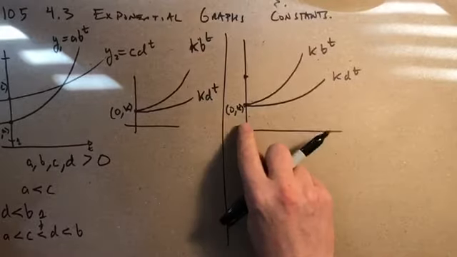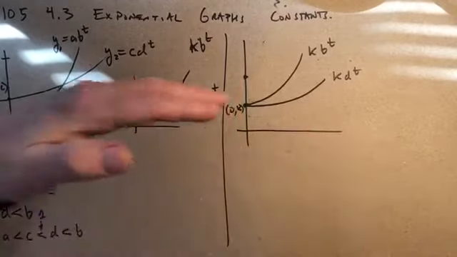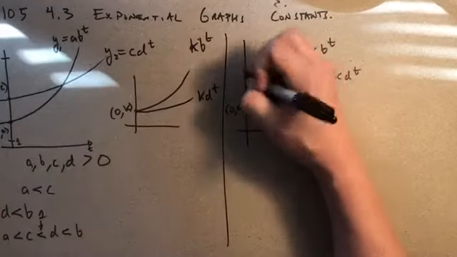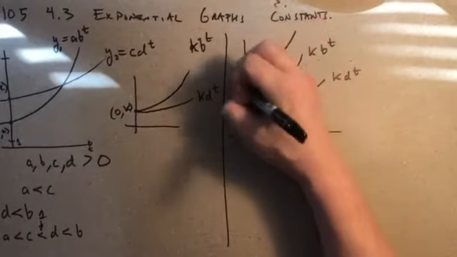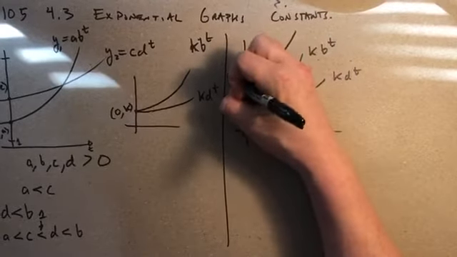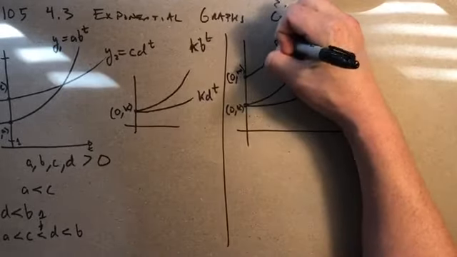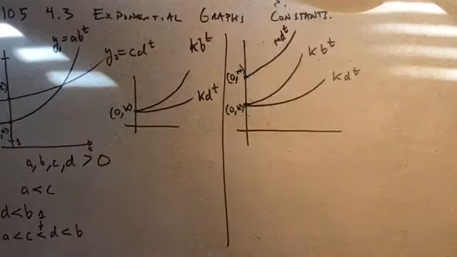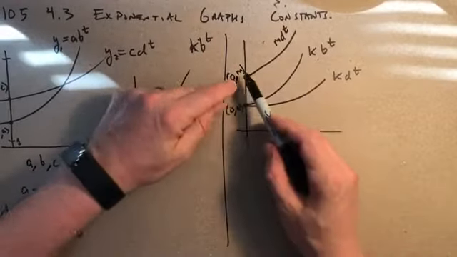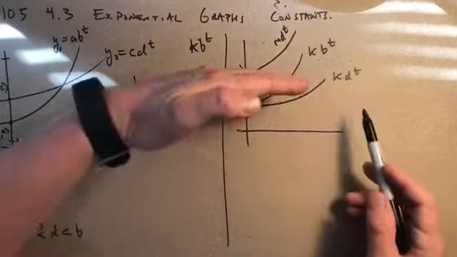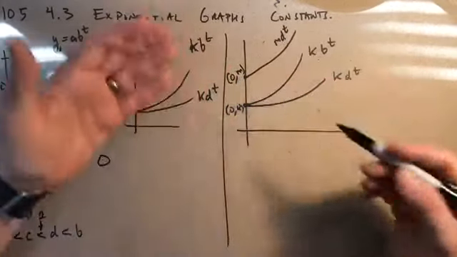What's interesting is I increase my initial value. These curves are not necessarily going to be parallel to each other. I'll call this one 0 and then m, d to the t. When I have an initial value that's greater, it's going to make the curve go steeper because I'm going to be taking that and multiplying it over and over.